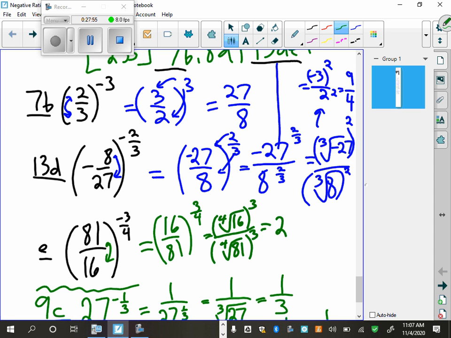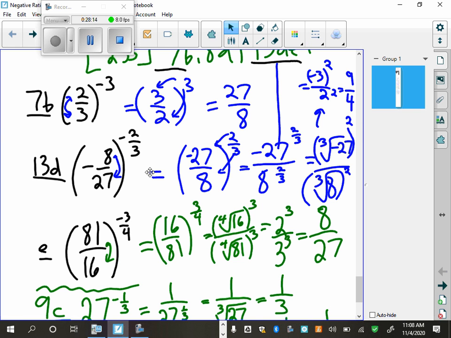You got 2 cubed over 3 cubed equals 8/27. What would the answer be if this was positive 3/4? 27/8. It'd be the opposite because you flip it. So it's a positive exponent, right off the bat, you wouldn't flip it. All right, super duper.